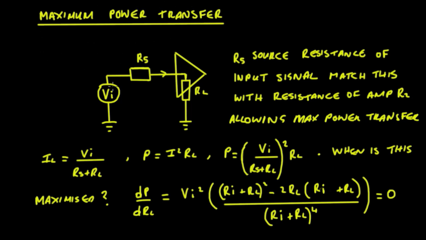So if we had some gain element here, a little triangle, so that's some amplifier, and we had some source here, then the amplifier is going to have a resistance associated with it. That's the load resistance, the resistance looking in the terminals of the amplifier, and your load is going to have some resistance associated with it as well. Okay, so your source is going to have some resistance associated with it. So this is the source resistance and a load resistance.